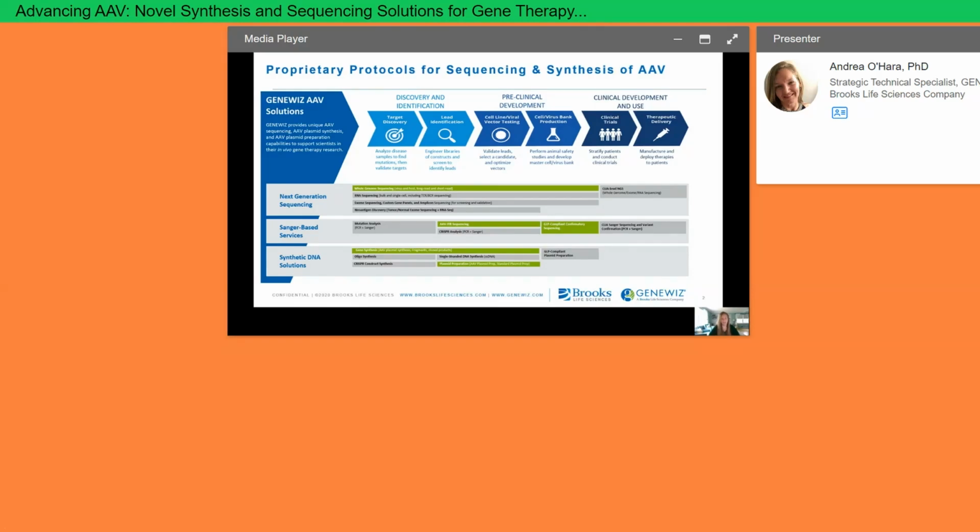And within these, we have a number of different solutions at our disposal, including solutions around next generation sequencing, Sanger-based services, and synthetic DNA solutions. I'm going to take you throughout the AAV lifecycle and introduce some of the different solutions we have to offer that encompass this entire spectrum.